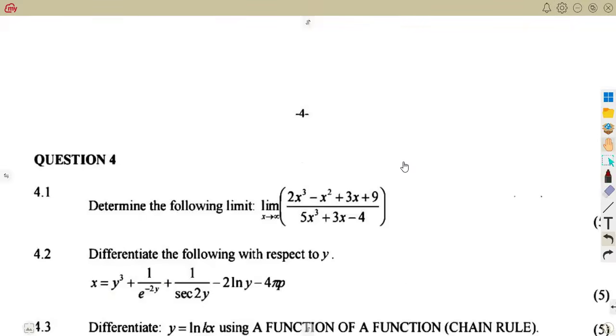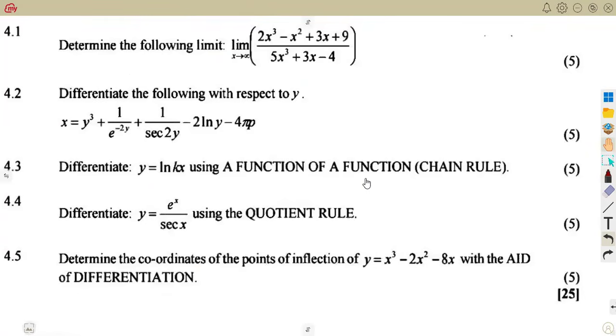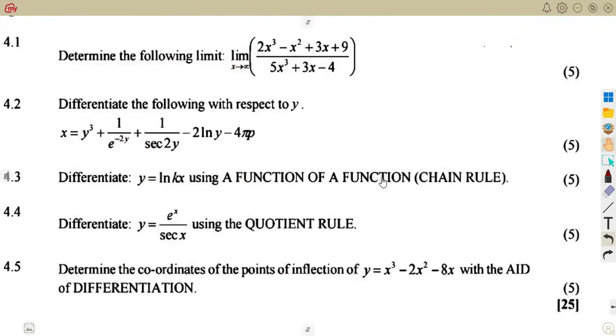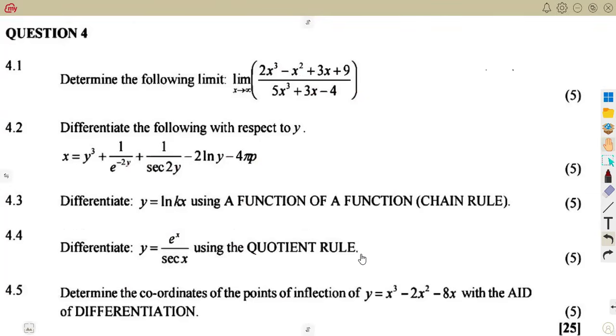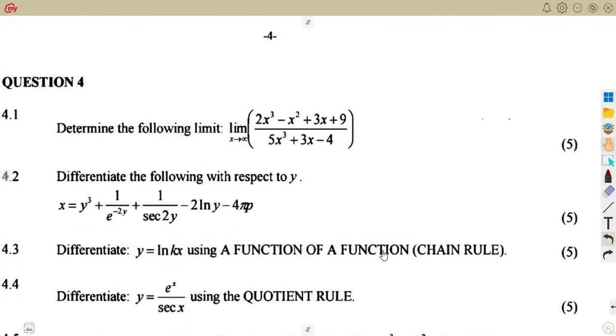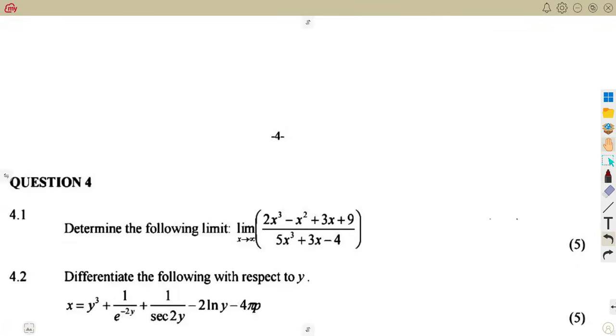Then with this part, you differentiate the following with respect to y. With respect to what? To y. So it is a derivative of x with respect to y that we need. Remember, I said with this one, you differentiate each term on its own. Each, guys, as you see it, y to the exponent of 3.